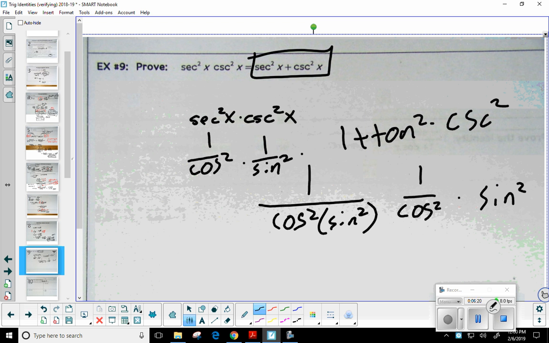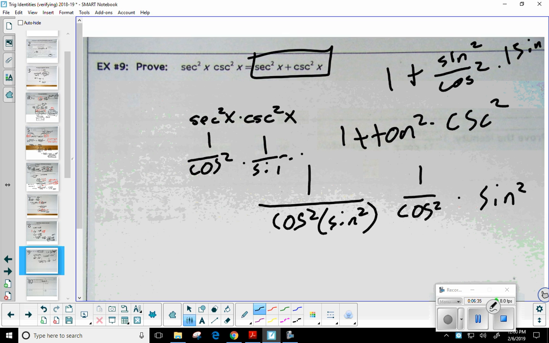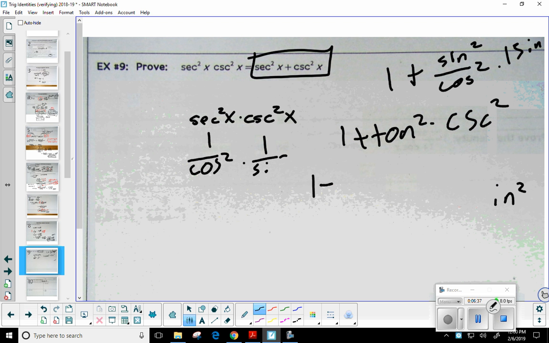Tangent we know, so we can have 1 plus sine over cosine, squared, and then since we can change this into that, okay, I think I see where you're headed with this. So 1 plus sine squared over cosine squared. And let's go ahead and put that whole binomial in parentheses.